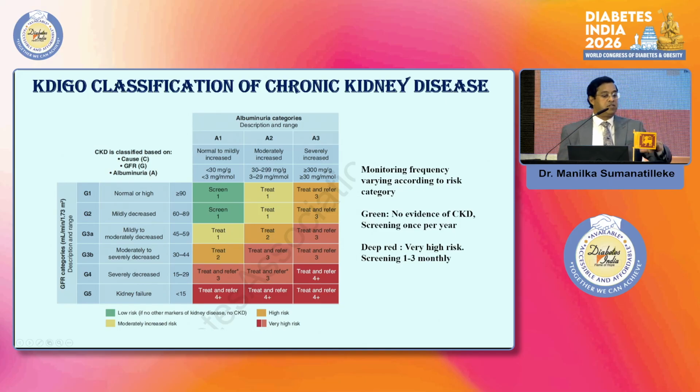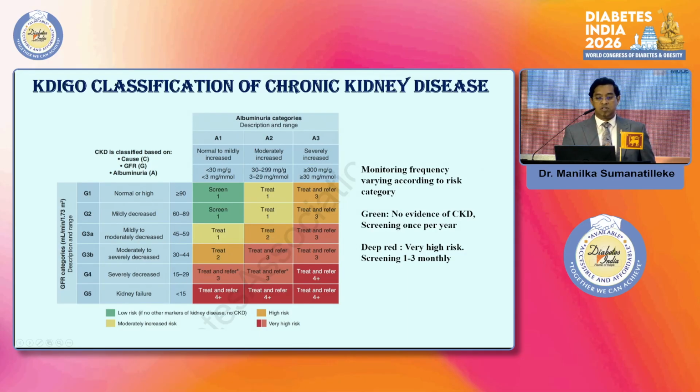I think this is a very useful latest KDIGO classification, which simplifies things for our doctors. I have it on the tables of my junior doctors in my busy clinic, and this summarizes the grading of the CKD according to the GFR and the proteinuria, and you will know, looking at the values for your patient, when they should be started on medication, when they should be referred to an expert or nephrologist, depending on the local guidelines, and how often you review them, whether it is every 3 months, every 6 months, or once a year.